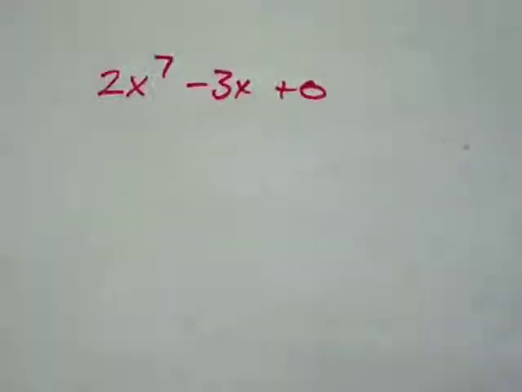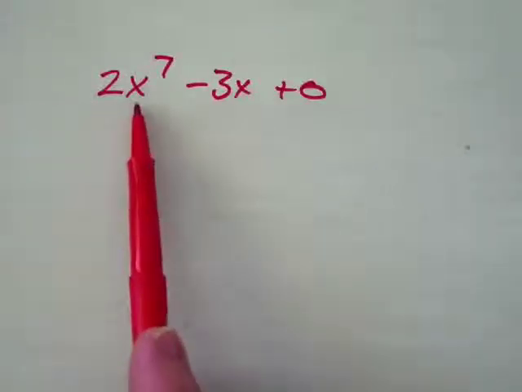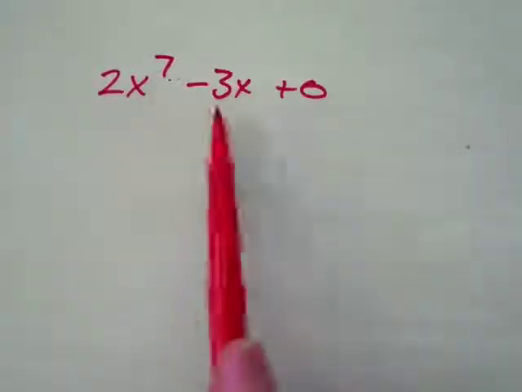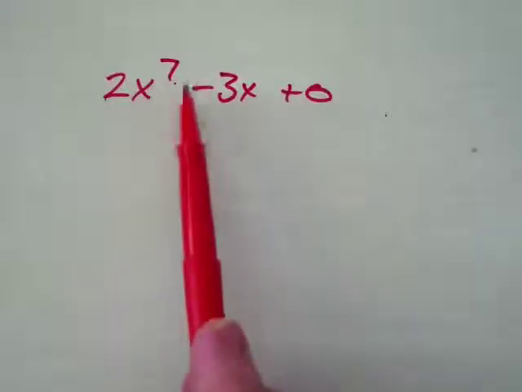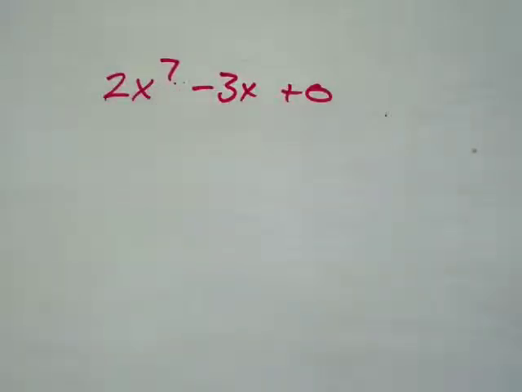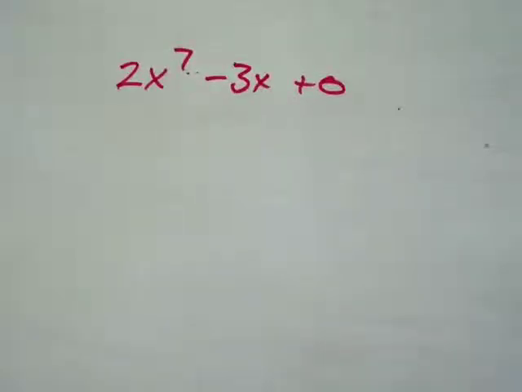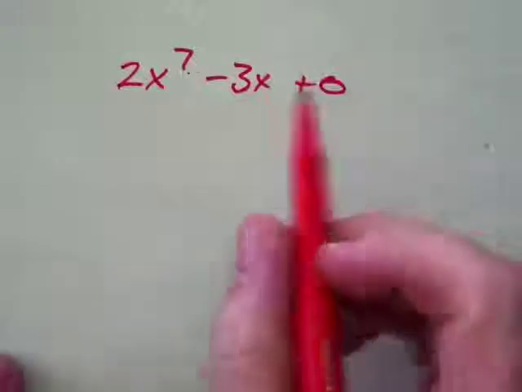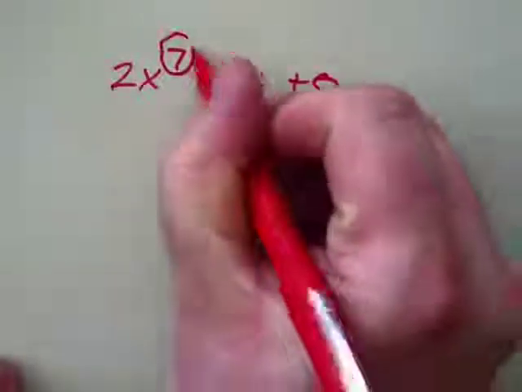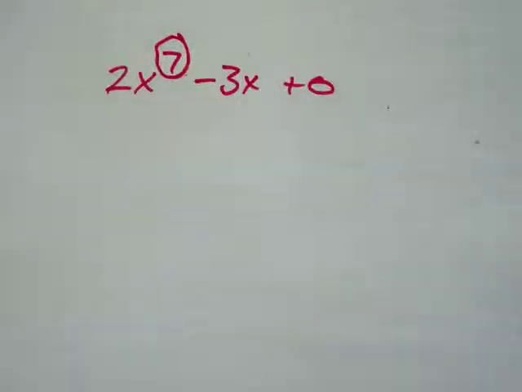Again, is that a polynomial? Yes, it's got coefficients, it's got variables, and it's got exponents, and it's more than just 2. And so we see we have a polynomial here. What is the degree of this polynomial? This degree is 7, so it's a 7th degree polynomial.